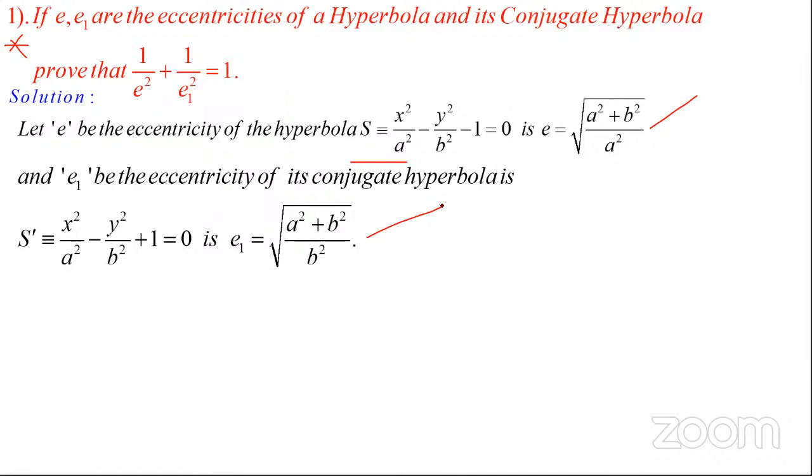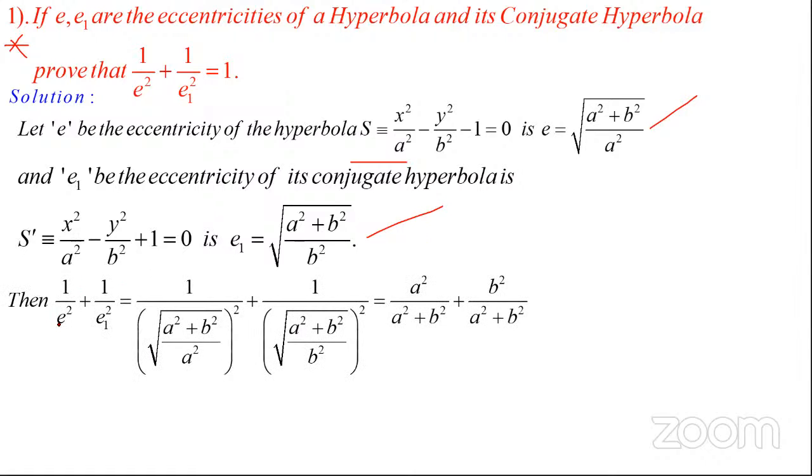Then e equal to under root of a square plus b square by a square is the hyperbola eccentricity, and e1 equal to under root of a square plus b square by b square is the eccentricity of the conjugate hyperbola. Then we have to prove that 1 by e square plus 1 by e1 square. So we have to substitute the e value as this one. Squaring means you have to square here. You will get these values, the root gets cancelled.